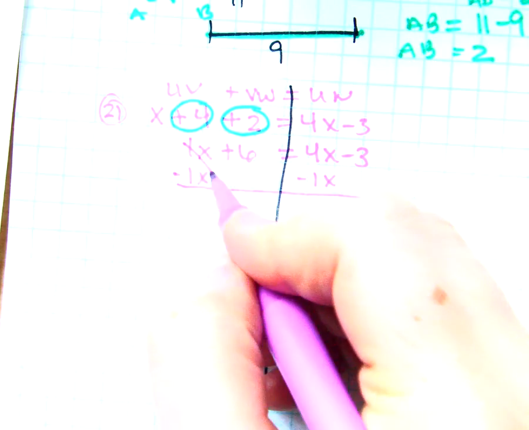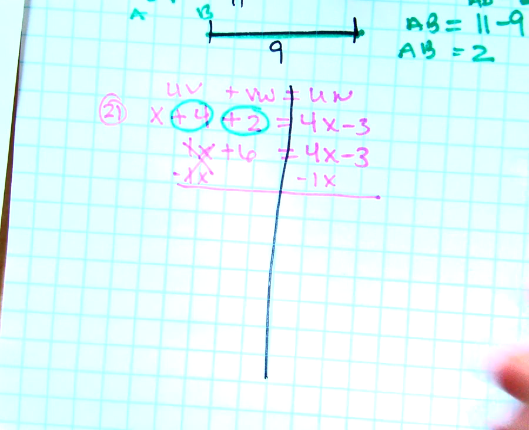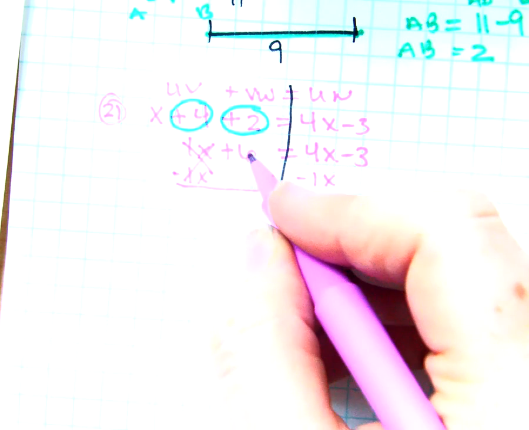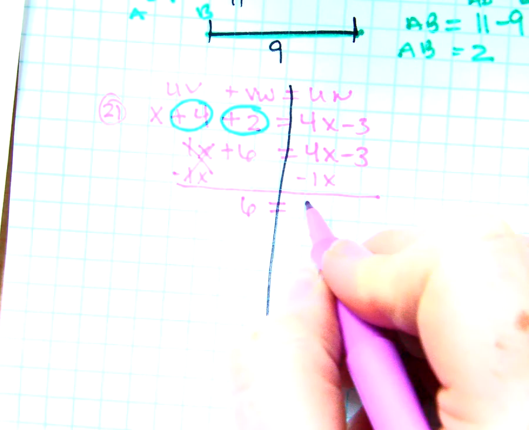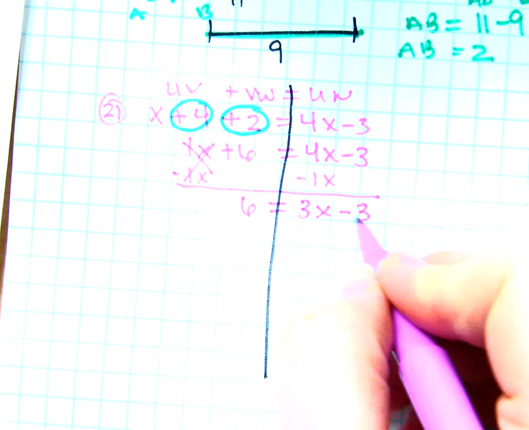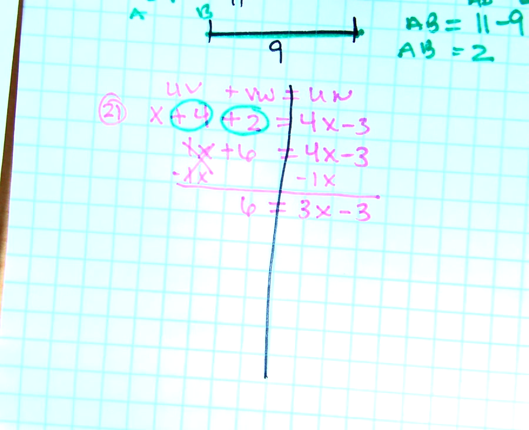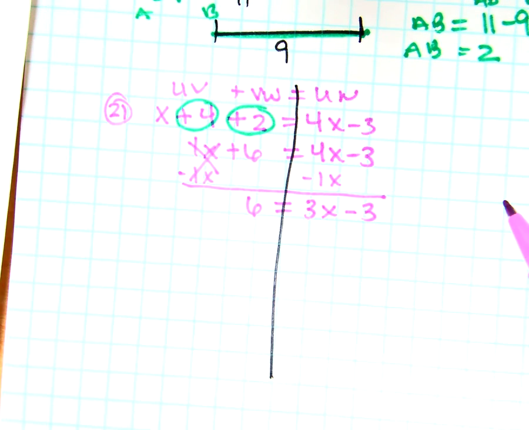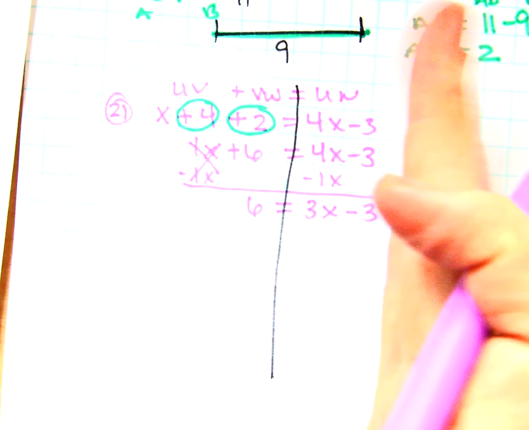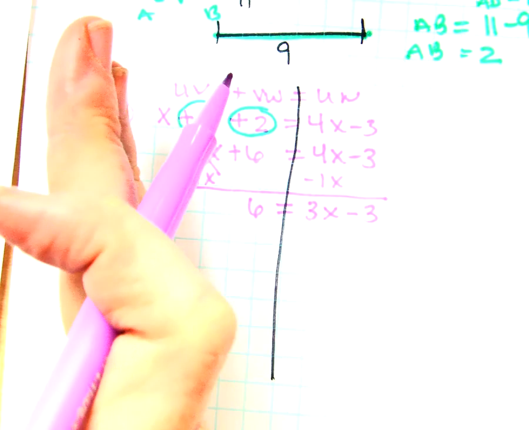1x minus 1x is 0. That's exactly what I want to happen. I want it to go away from one side. I bring down the 6. 4x minus 1x is 3x minus 3. Now, it is in our nature to want to keep moving stuff to the right. But we're trying to get x on one side and numbers on the other side.